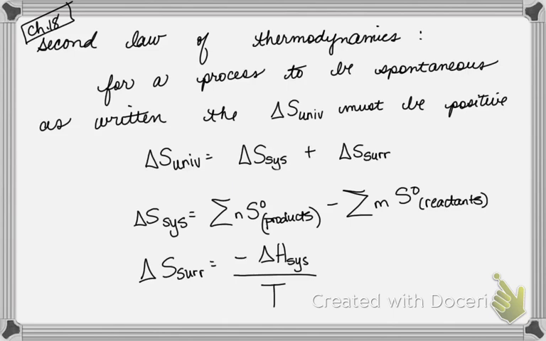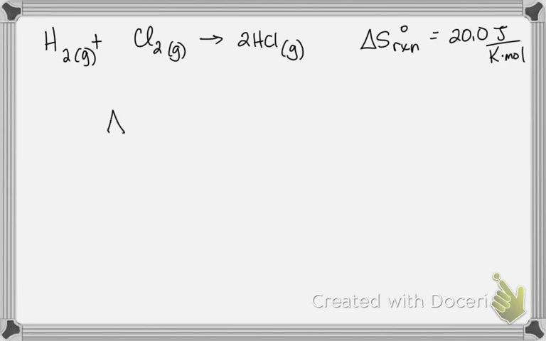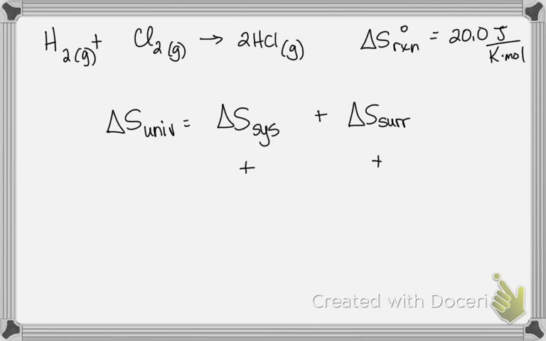So, to go more in depth on the signs of these, as we talked about last time, you can have a case where the system and the surroundings are both positive, which will obviously give you a positive overall entropy of the universe.